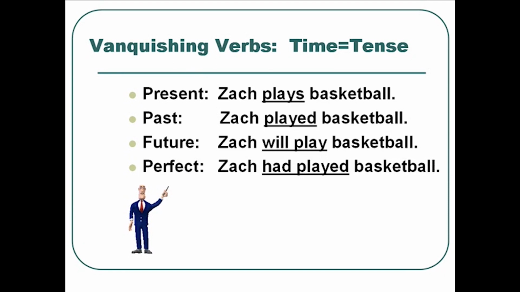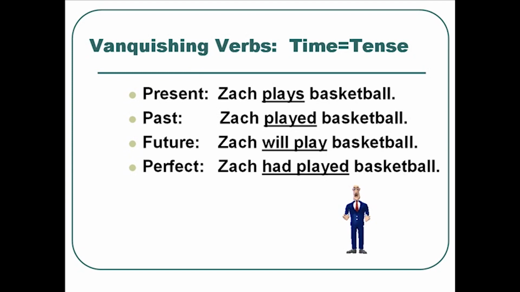And then finally, the perfect tense. Zach had played basketball. He had done something in the past, and it's completed and finished. The results are in the present. Now, this is a traditional way of expressing present tense, that is the equation of tense and time.